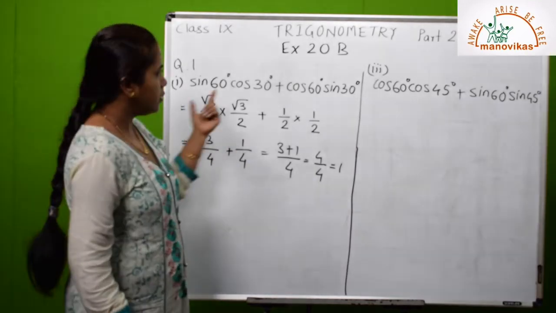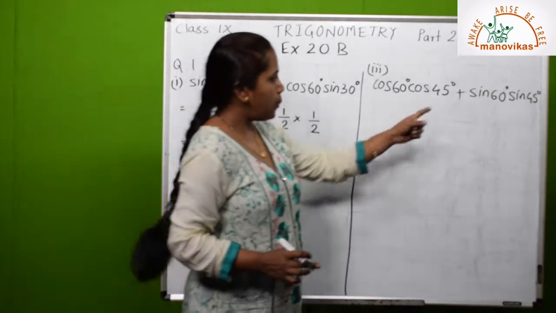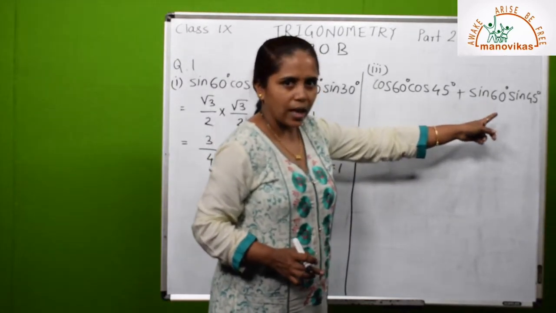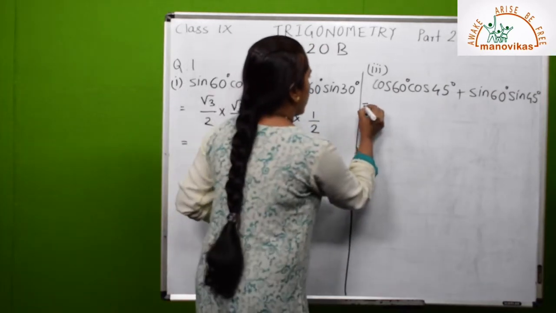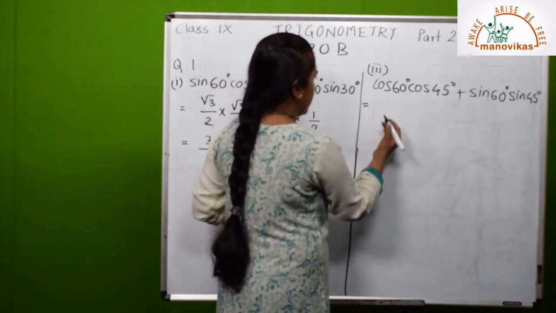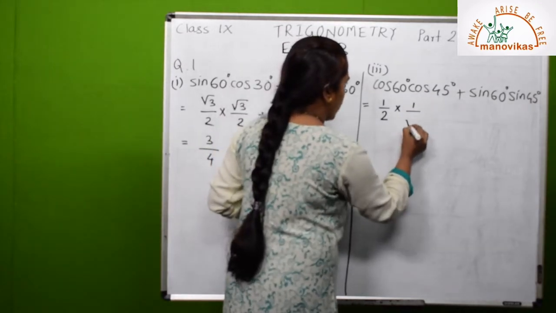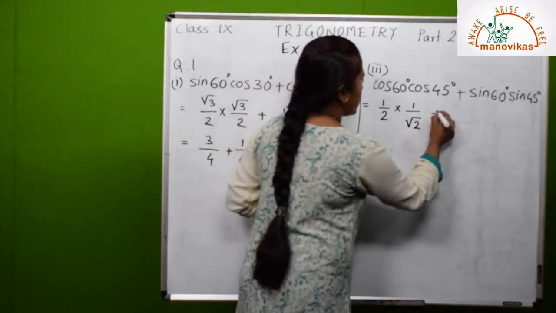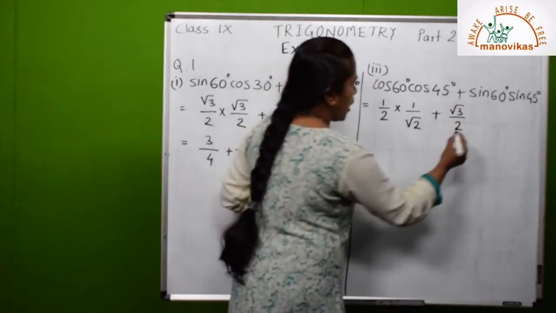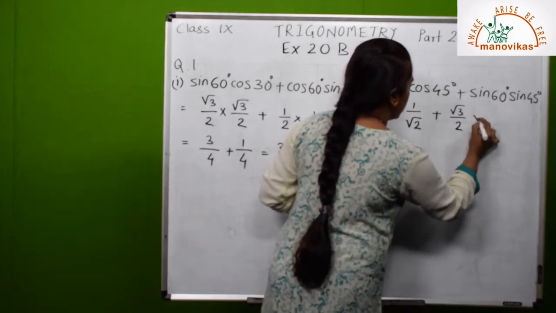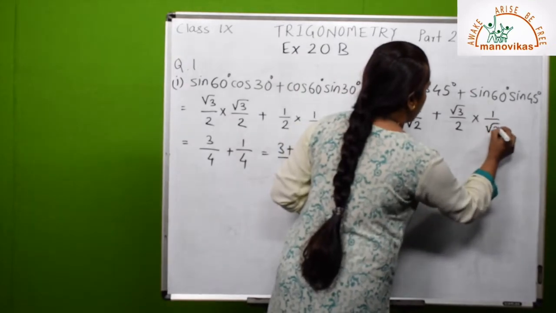Similarly, question number 1, third sum, that is cos 60 into cos 45 plus sin 60 into sin 45. Again substitute the values: cos 60 is 1 upon 2, cos 45 is 1 upon root 2, plus sin 60 is root 3 upon 2 into sin 45, 1 upon root 2.